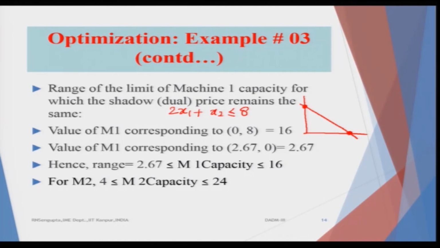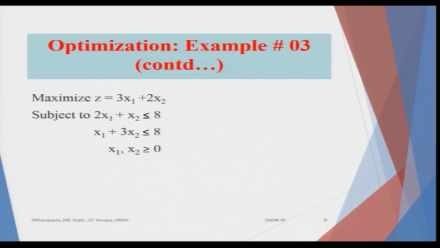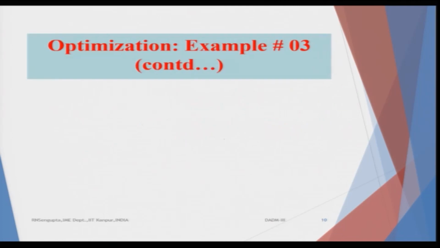So, the overall utilization would be such that your points are 0 and 8, and this 2.67. If you solve this equation, you will get a value corresponding to 2.67.